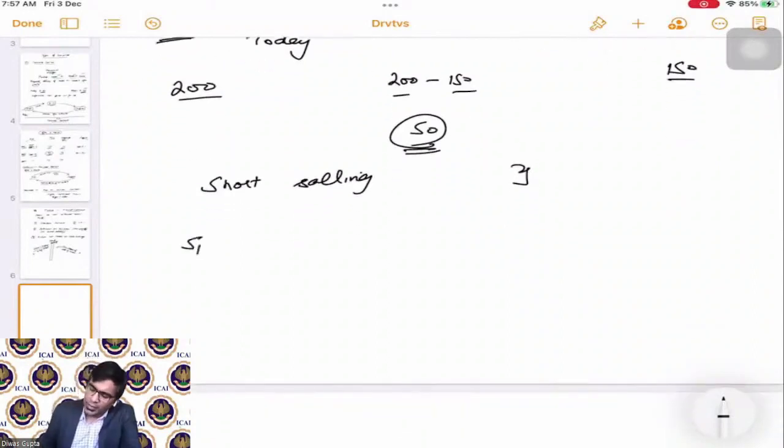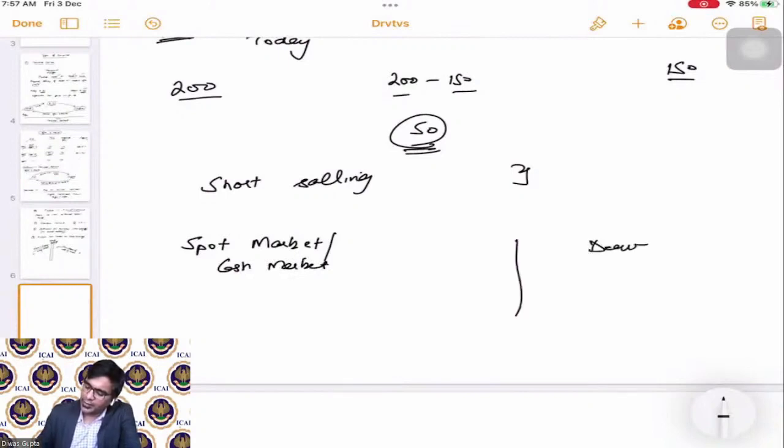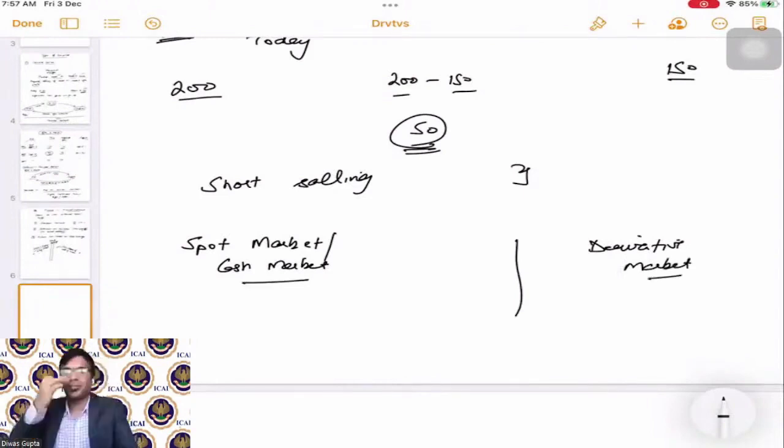Now let's talk about the spot market, which is a cash market, and the second one is the derivative market. See students, there are these two markets that operate on any stock exchange. If you go and see practically also, there is a different segment for derivatives and a different segment for the spot or cash market.